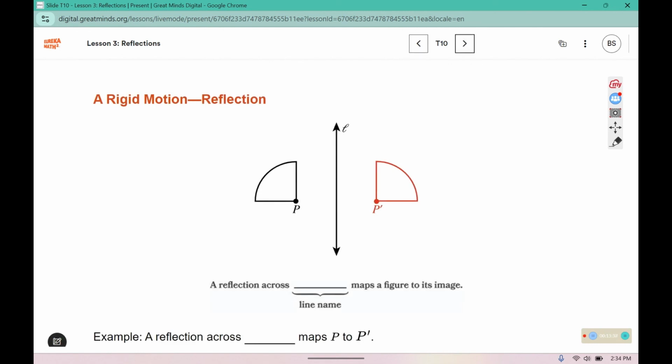Here we have an example of a reflection. It says a reflection across line L. We're labeling that line's name. Maps a figure to its image. For example, in this case, a reflection across line L maps P to P prime.